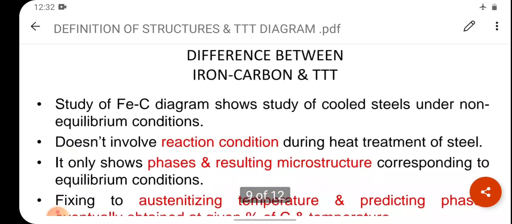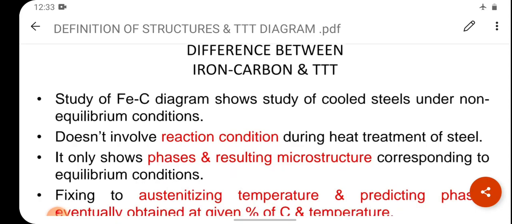Now we'll discuss the difference between the iron carbon and TTT diagram. A study of the Fe-C diagram shows a study of cooled steels under equilibrium condition. It doesn't involve reaction condition during heat treatment of steel. It only shows phases and resulting microstructure corresponding to equilibrium condition.